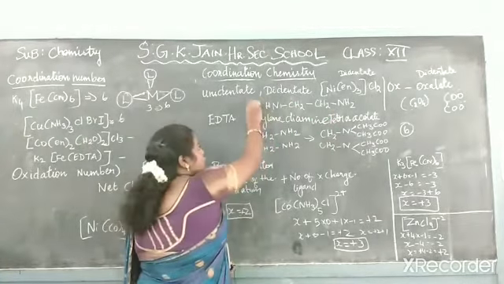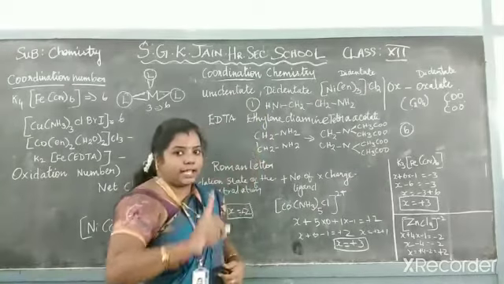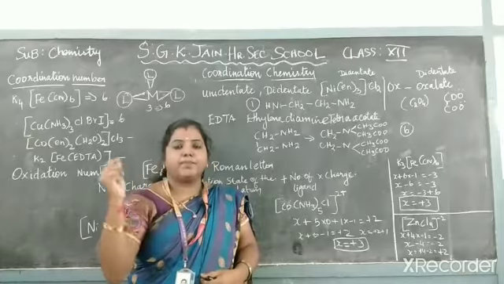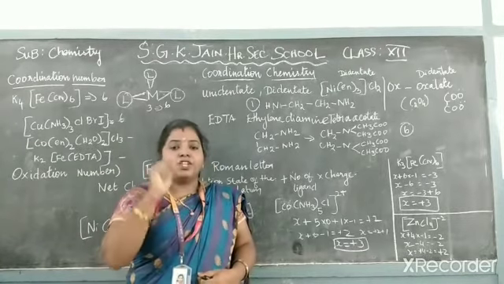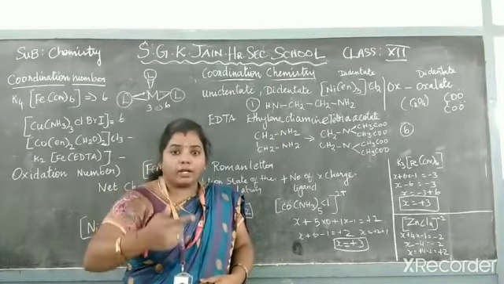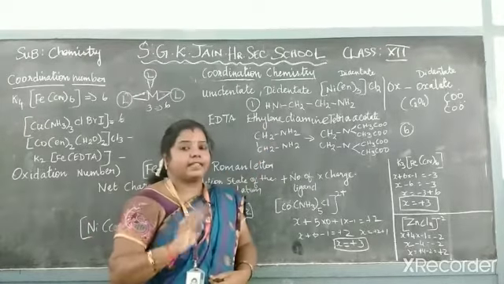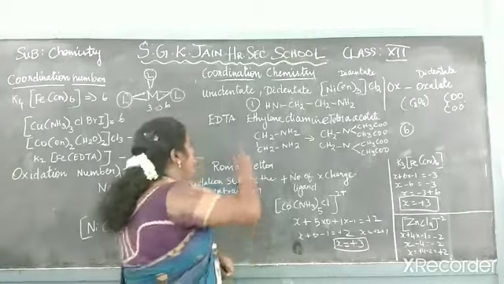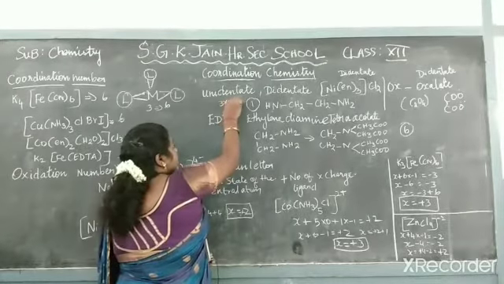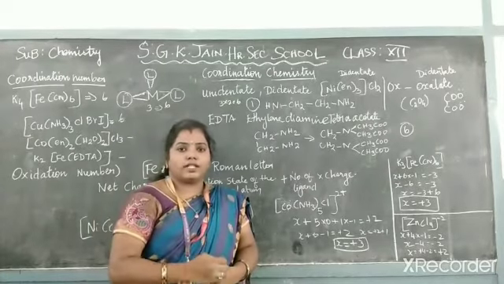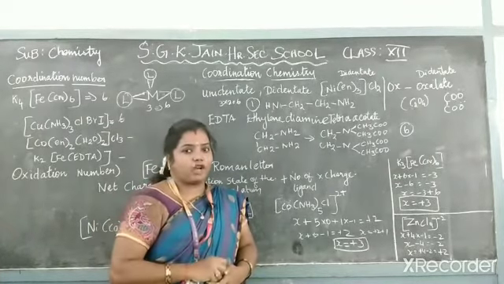This formula is only for one ethylene diamine. For one ethylene diamine there are 2 nitrogen atoms bonded to the central metal atom. So if 2 nitrogens are donating electrons, and here we take 3 ethylene diamine, so 3 into 2 is 6. So 6 donors are there. So what is the coordination number? 6. Have you all understood?